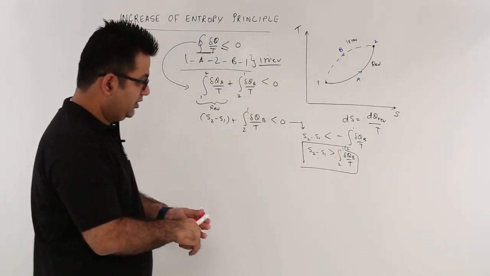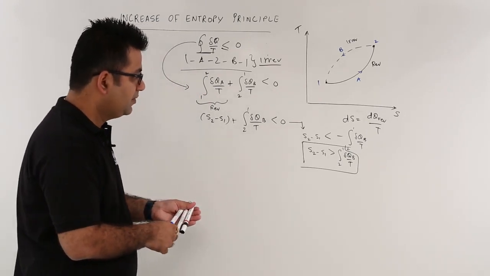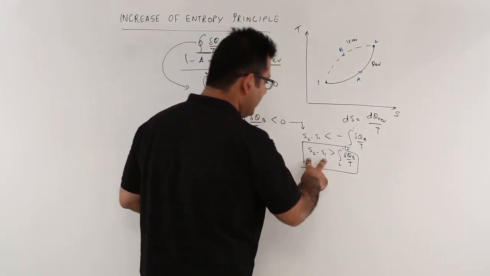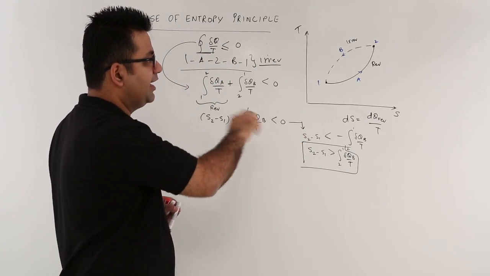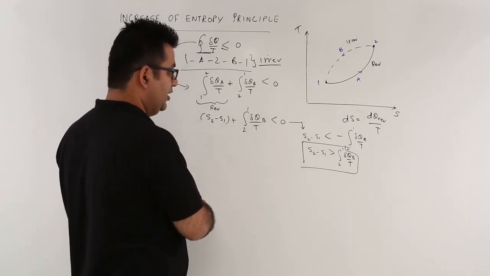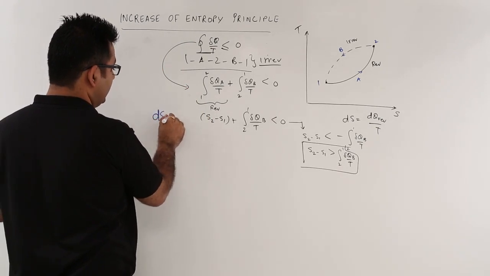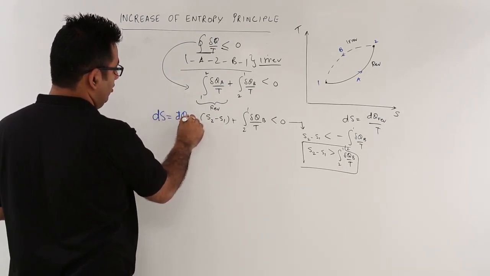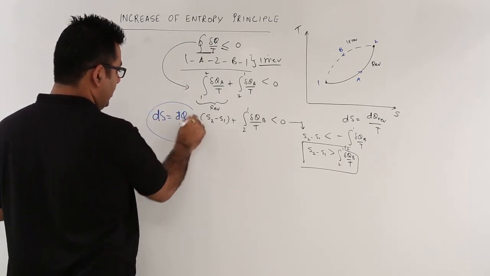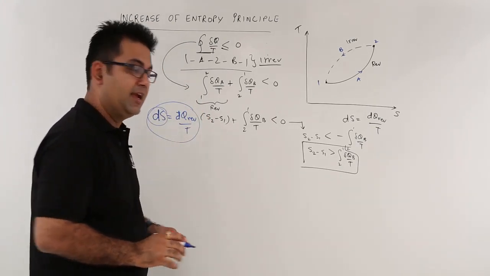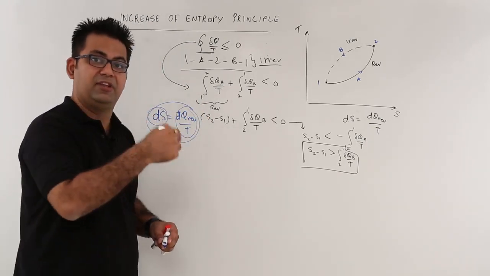Okay, now this shows that the entropy change in the entire cycle, because on this, if you remember again the previous video, you had dS is equal to dq upon T. So this was entropy change, and this was entropy transfer with the help of heat.